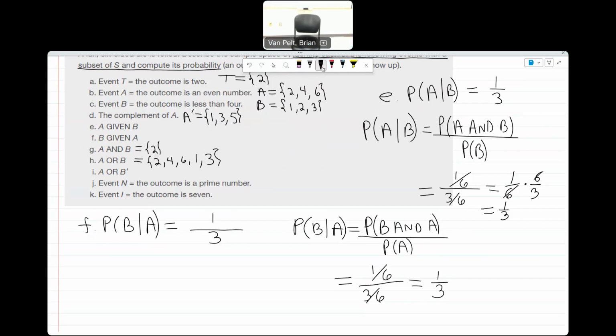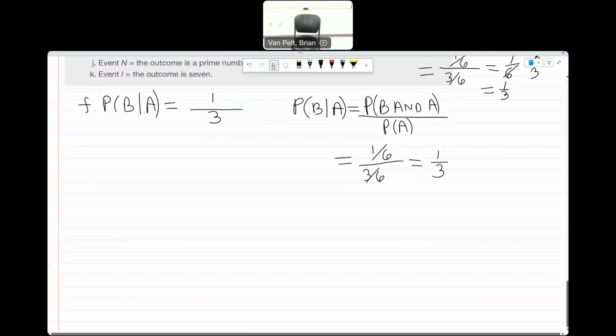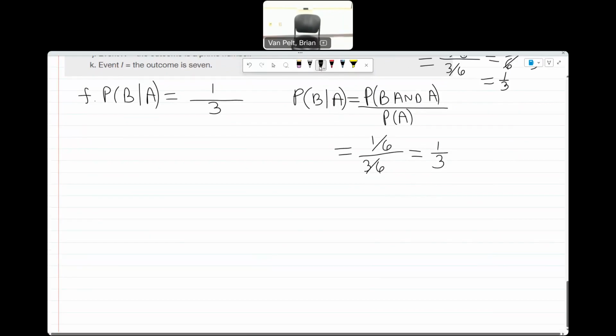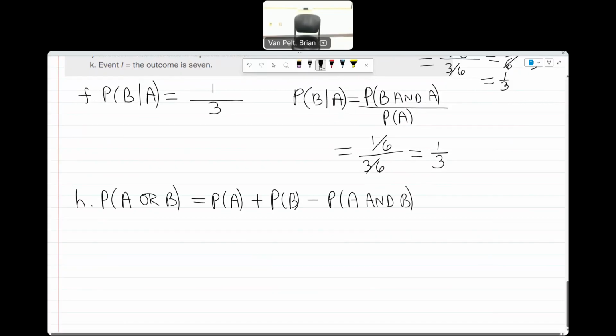That's letter H. So do you remember were those items, they were what, even numbers?